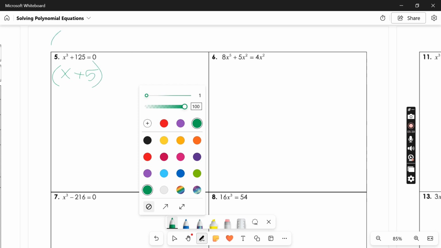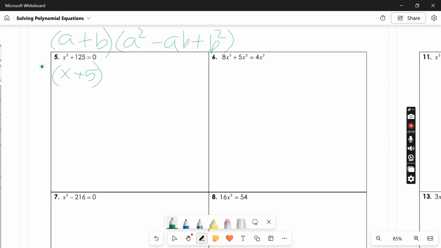So I'm going to write my formula up here. I don't know if I wrote it with x's or y's or a's and b's for yours. I'll just do it with a's and b's here. It's a plus b times a squared minus ab plus b squared, and this formula is on your graphic organizer from before spring break. So that's that formula that you should have.